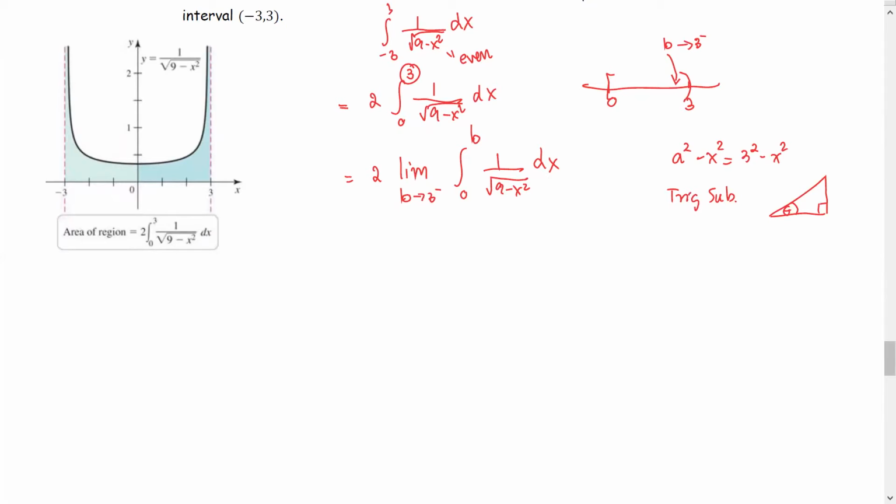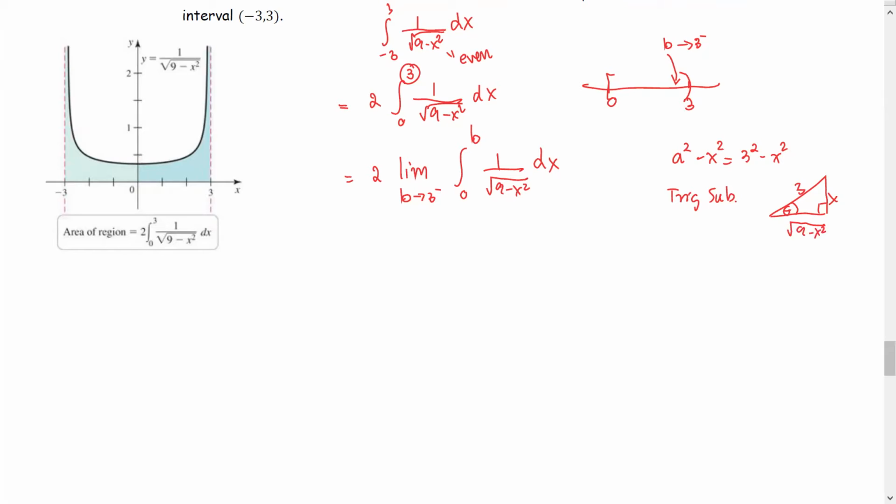When you have the difference of two squares, the first term squared represents the longest side, which is the hypotenuse. So in this case, the hypotenuse is 3, and x is the opposite. Therefore, the adjacent is the square root of 3 squared minus x squared, which is the square root of 9 minus x squared.